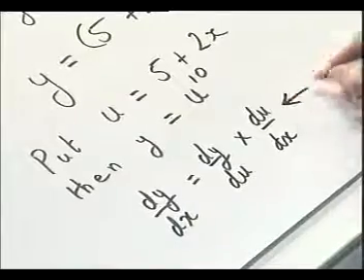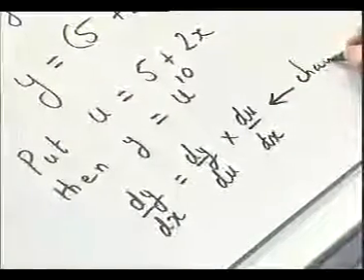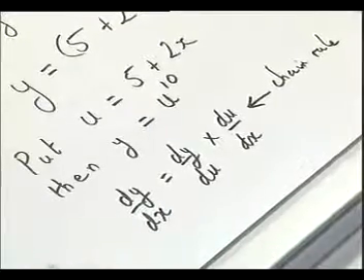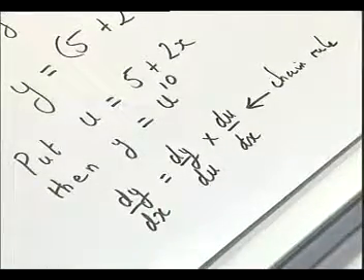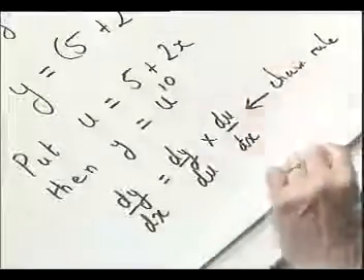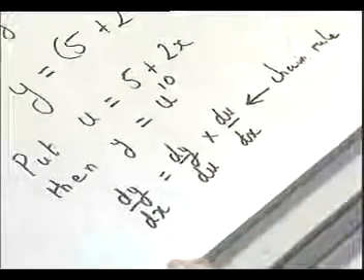And it's this that is the chain rule, or, as some of you may know it, function of a function. So we've got to work out dy by du and work out du by dx.